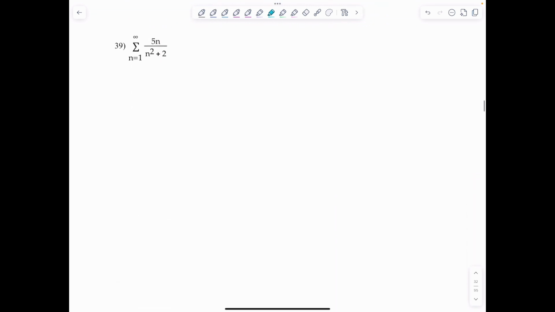Okay, here's another one. Integral test again. Here we go. So we're going to let f of x be 5x over x squared plus 2.